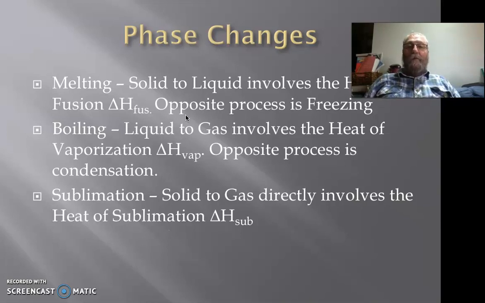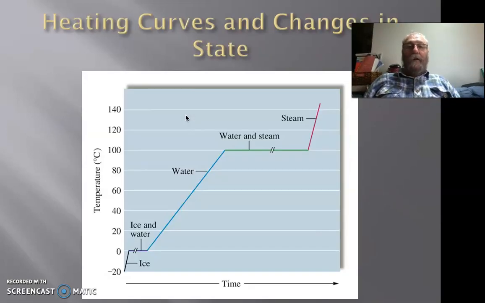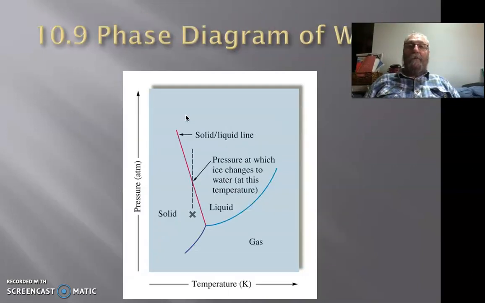And sublimation is when it goes directly from a solid to a gas. So here is a normal heating curve, and you will see questions like this in AP multiple choice. The temperature overall rises, but it stops when melting and boiling are occurring, because it's overcoming those intermolecular forces which are holding them in that state.